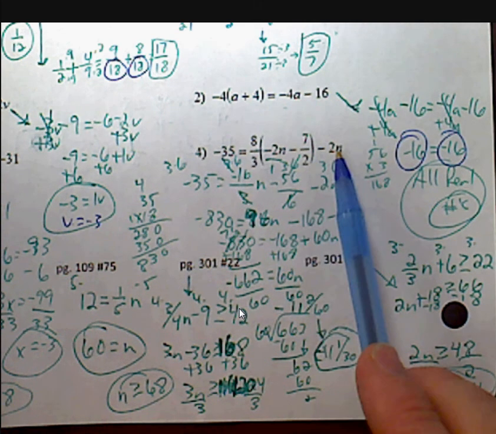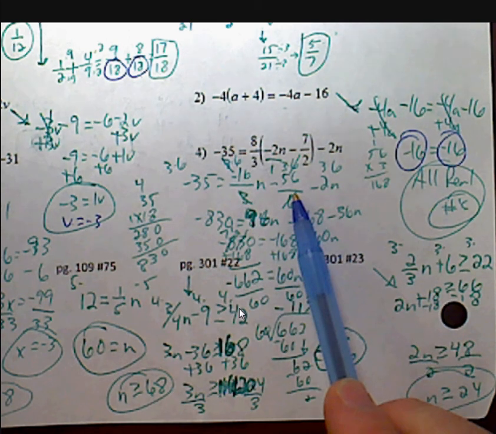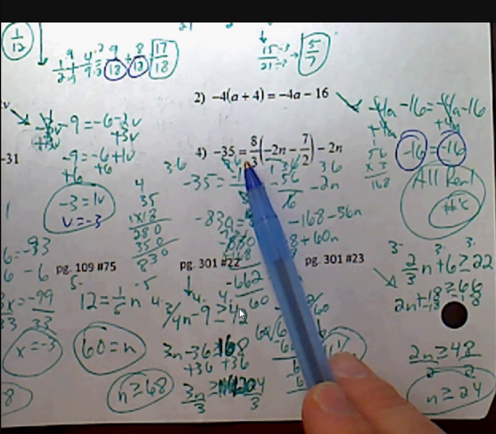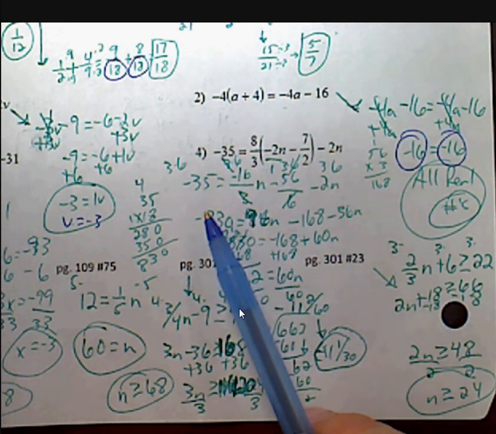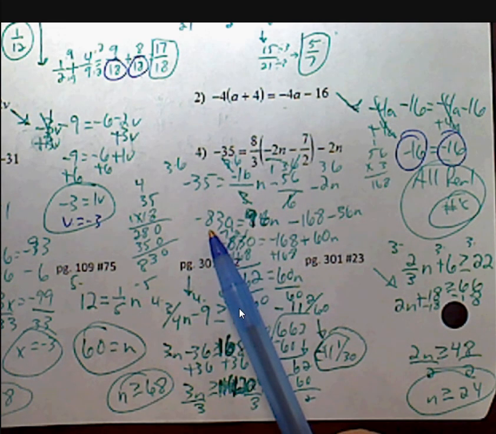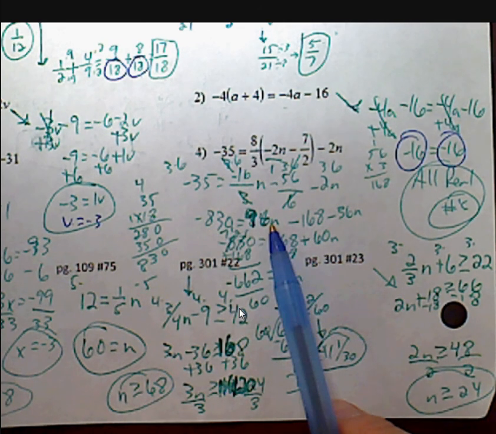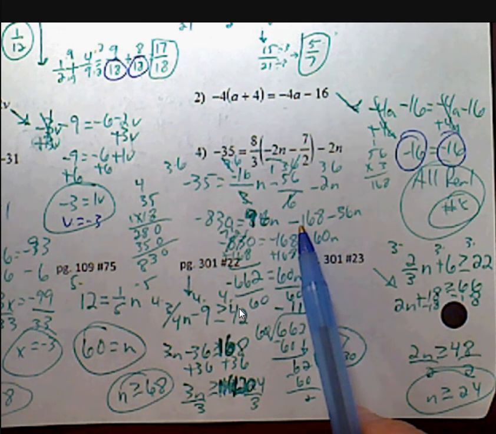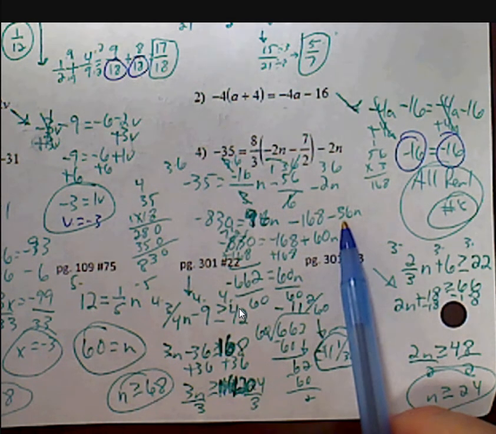I brought the negative 2 in down. Now I multiplied by my denominators. 3 times 6, 3 times 6, 3 times 6, 3 times 6. My left side, I came up with negative 839 equals 96n minus 168 minus 56n. Or 36, sorry, 36n.